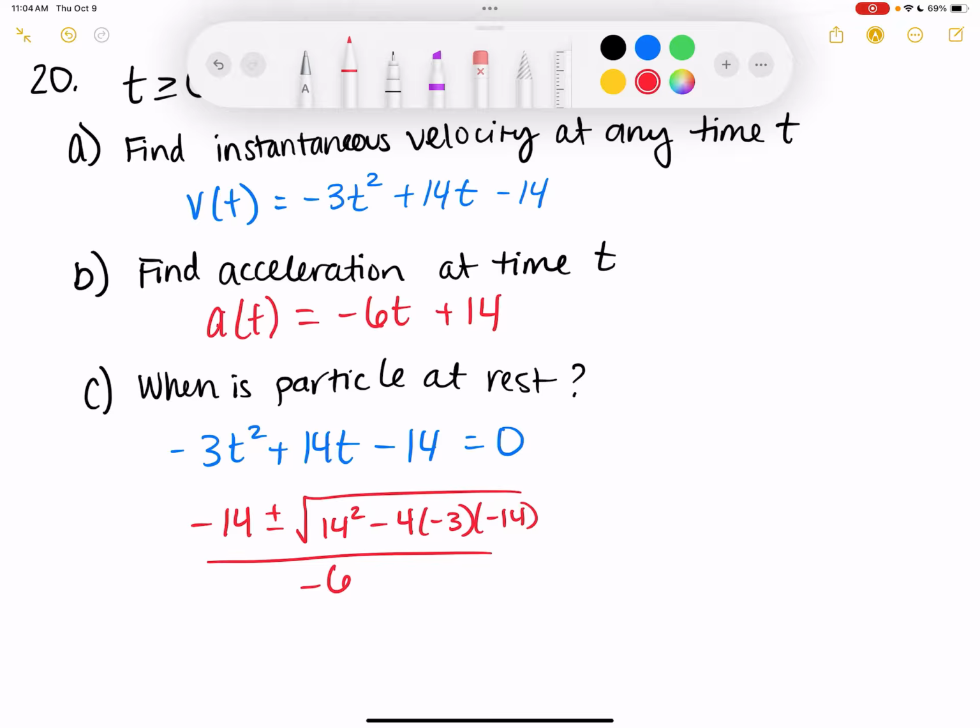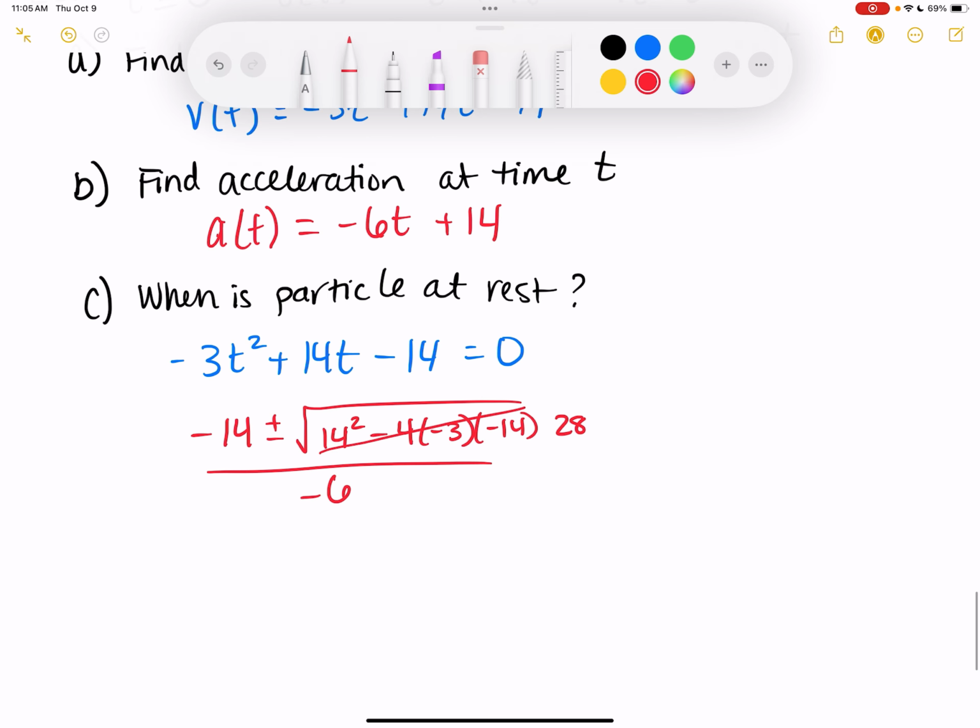So sometimes I like to just do it under the radical first and get that value and then go from there. If I did this right, then what's under the radical is just 28. Then we just have to split it up.